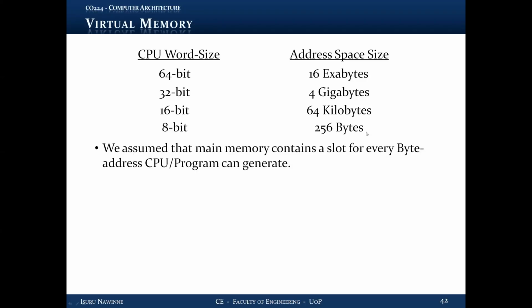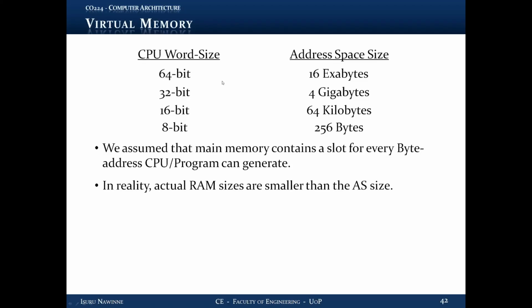In the lectures, we discussed MIPS with a 32-bit word size, and we assume 4 gigabytes of memory is available. It's reasonable since that is usually the case these days. But as you can see with these numbers, in reality, the actual RAM sizes are very small compared to the address space size in that era of CPU word size.